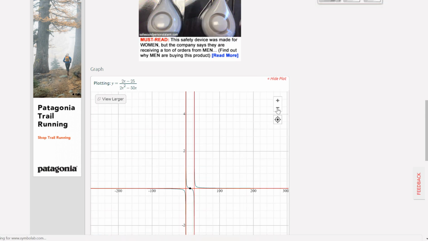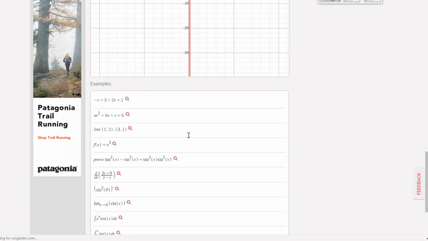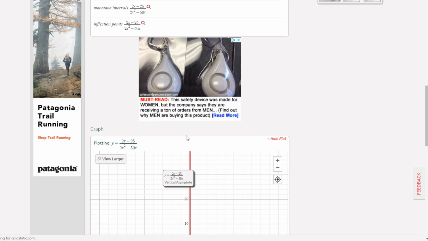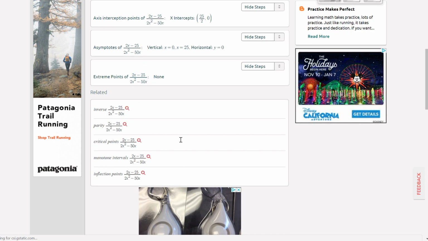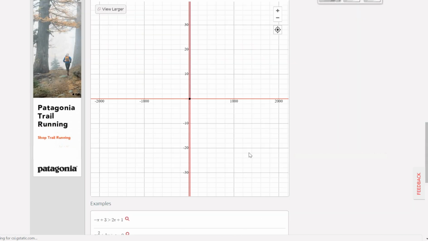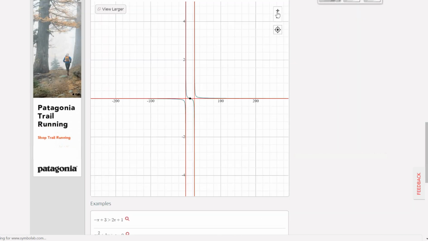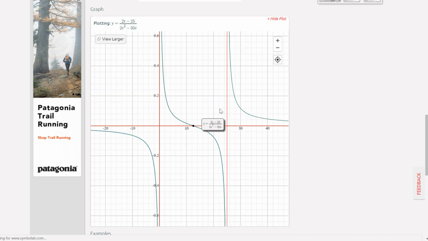Somewhere in here, so you can at least see the graph. I'm not sure if you can actually plug in numbers for t and find out what it is on this one, but at least you can see kind of what the graph looks like. So there's the graph. So you can look at when t equals 30, what does our graph look like.